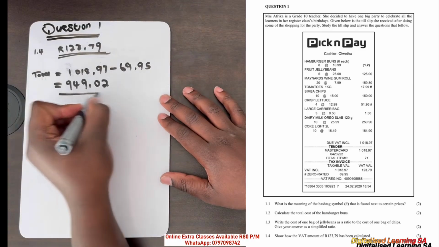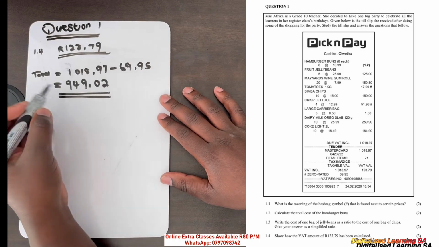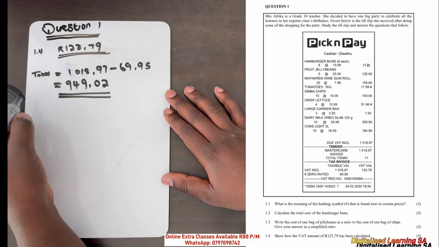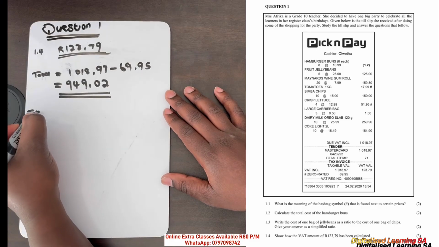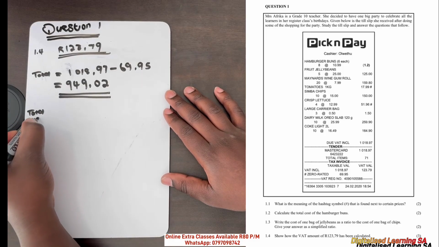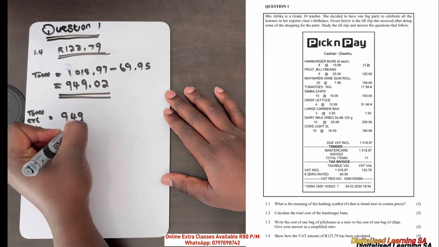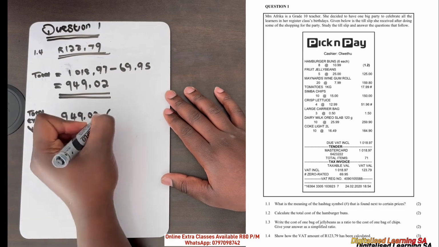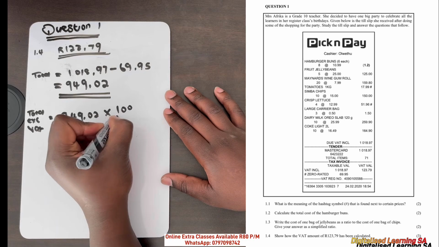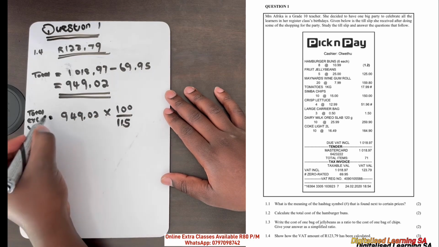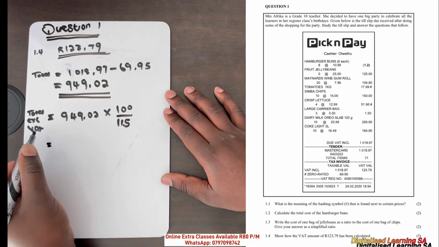Now this includes VAT, right? So now let's find the total excluding VAT. How do we do that? We take this value, which is 949.02, and multiply by 100 divided by 115. The amount that we will get is the total excluding VAT.